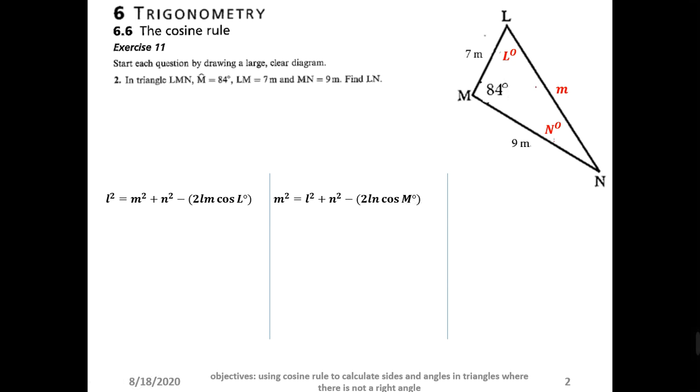So I'm going to start with the N. N squared, what are the other two sides? L and M. L squared plus M squared minus 2 times L times M times cosine N.